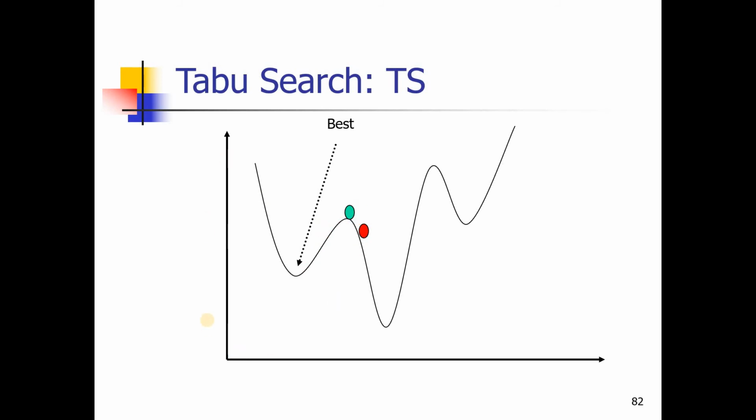That's the important point. The rest of it is the same as simulated annealing. It keeps track of the best, but the only difference is it keeps track of the nodes that have already been visited. That's how it works. So let's go back now to the theory.